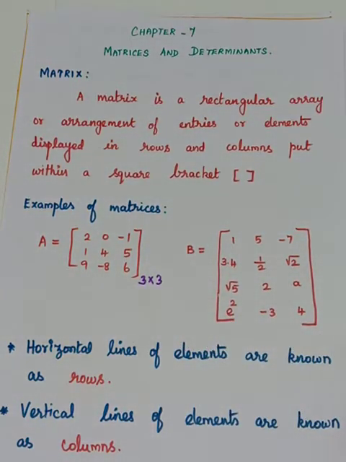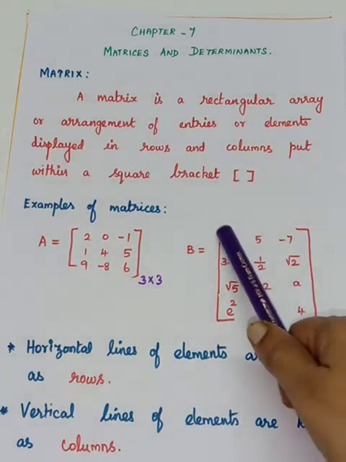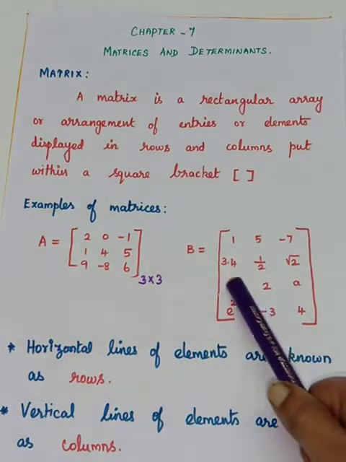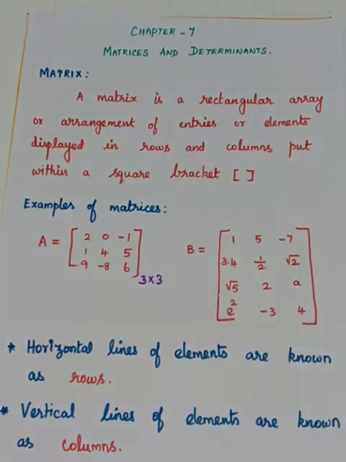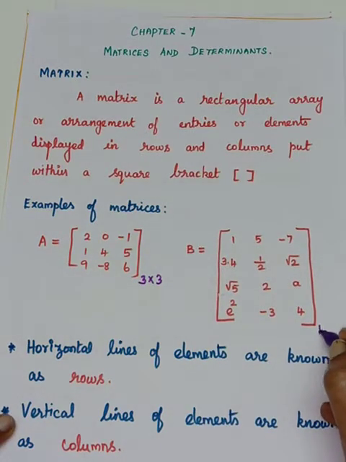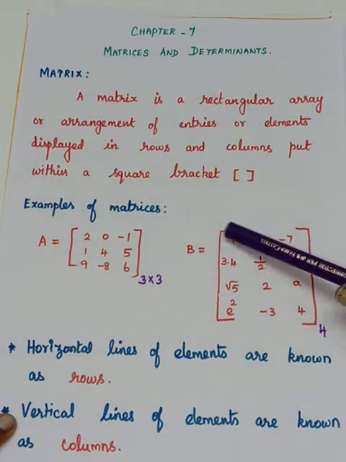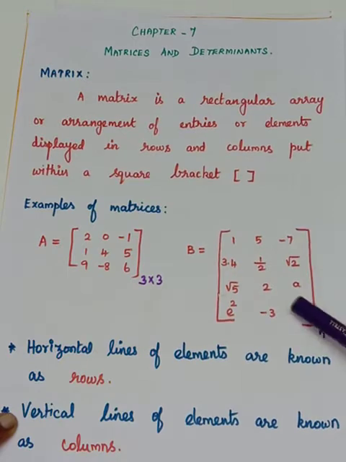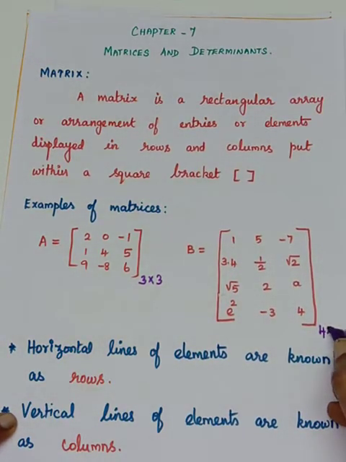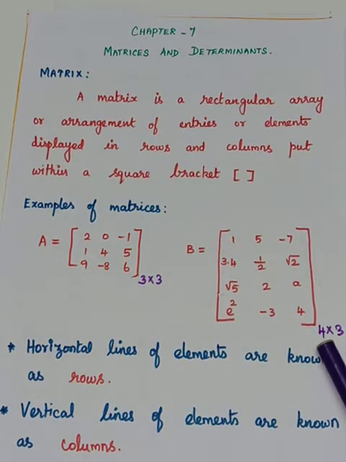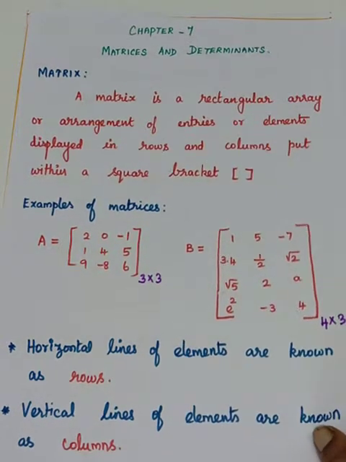Okay, coming to B, how many rows are there? 1, 2, 3, 4. So B has 4 rows. How many columns? 1, 2, 3. So the order or size of the matrix B is 4 by 3, because it has 4 rows and 3 columns. Okay, so order and size of the matrix we have completed.